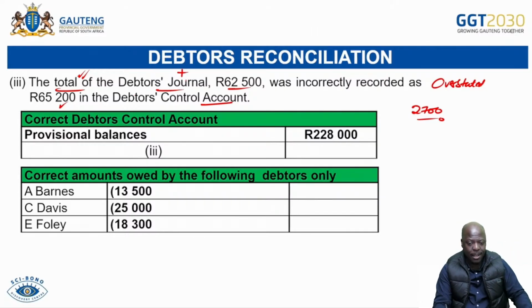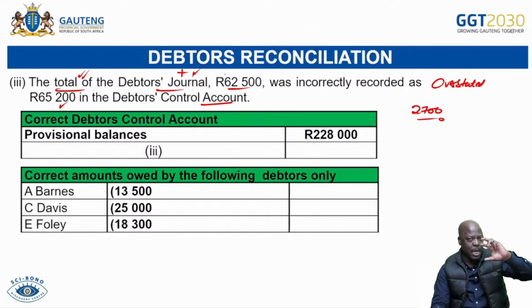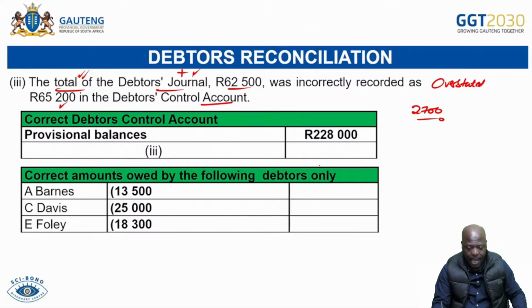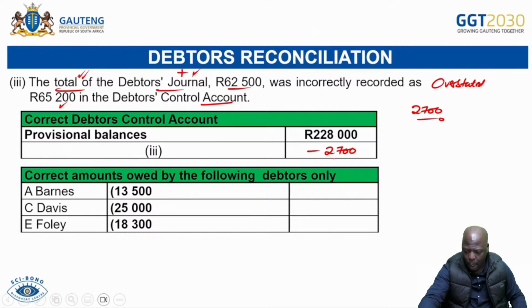In the DJ we record invoices, and invoices are added, plus. So we have a plus amount which was overstated. Therefore, you get the difference and record it with the opposite sign. So you say minus 2.7 over here. Is there an effect in the list? No, certainly not. Can I go? Yeah, let's go.